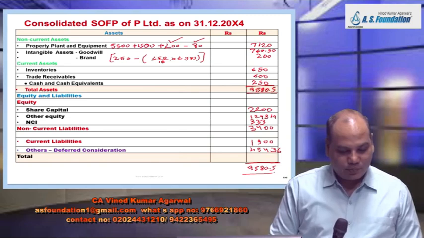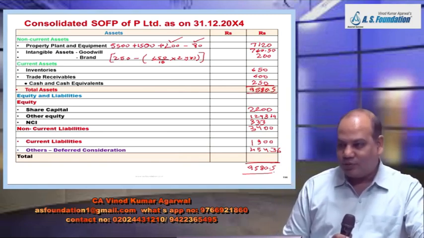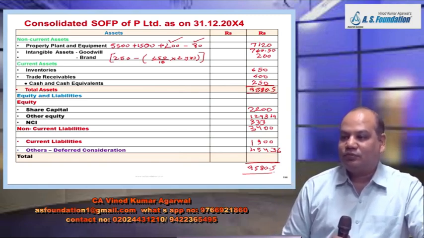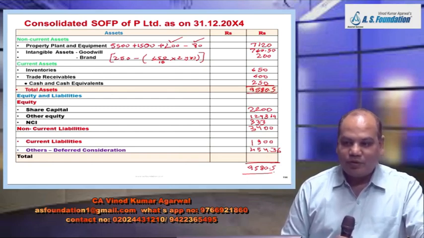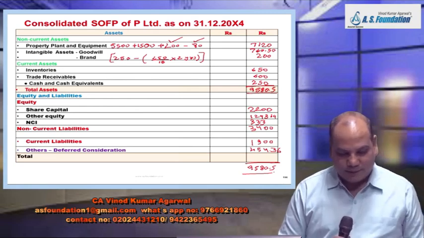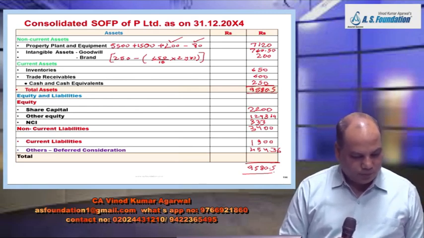Now write one note, goodwill is adjusted to NCI. Goodwill is adjusted in NCI because NCI is measured at fair value.